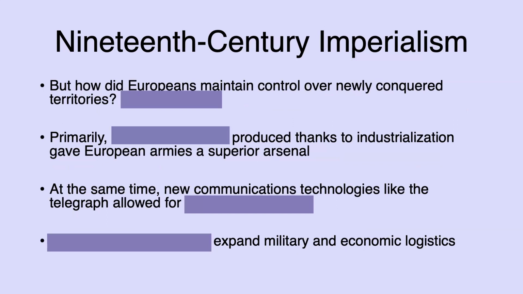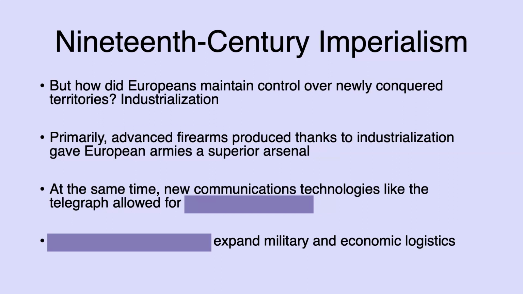But as Europeans expand once more, how do they maintain control over their newly conquered territories? Industrialization. So remember, industrialization results in the mass production of new goods and services, and that includes weapons.